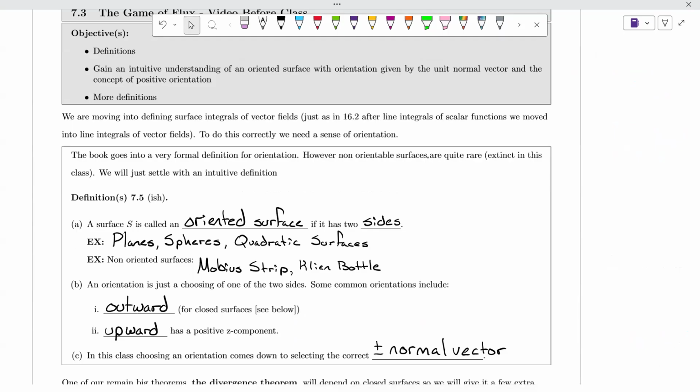We want to extend these integrals into vector fields. So far, in the 1.5 examples that we looked at, we were only integrating scalar functions.